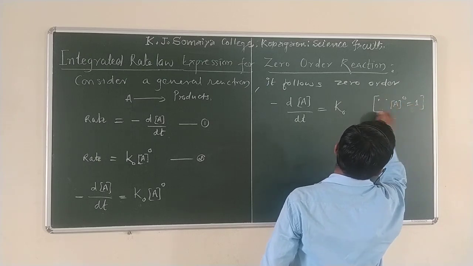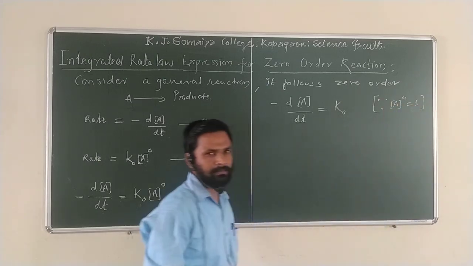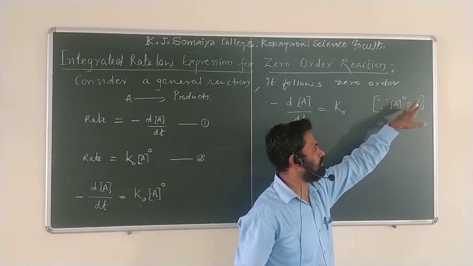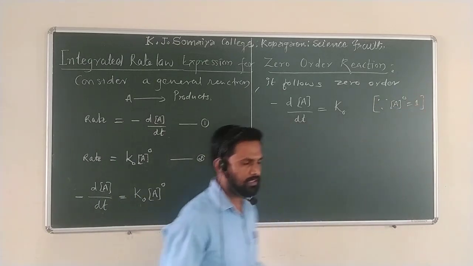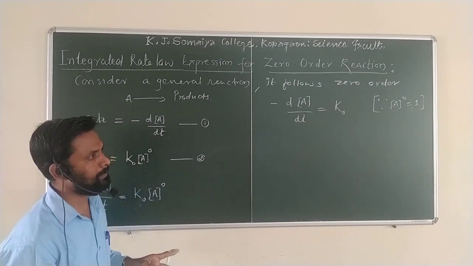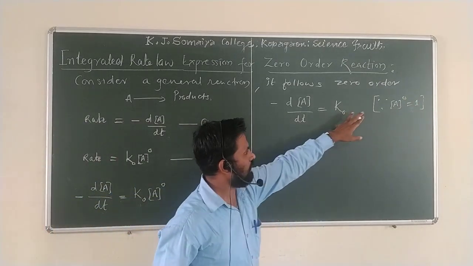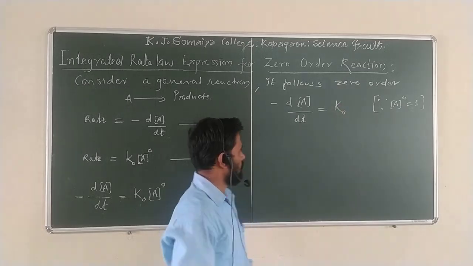This is the mathematical value. Mathematically, any value to the power 0 becomes 1. So 1 into K0, you will get K0.